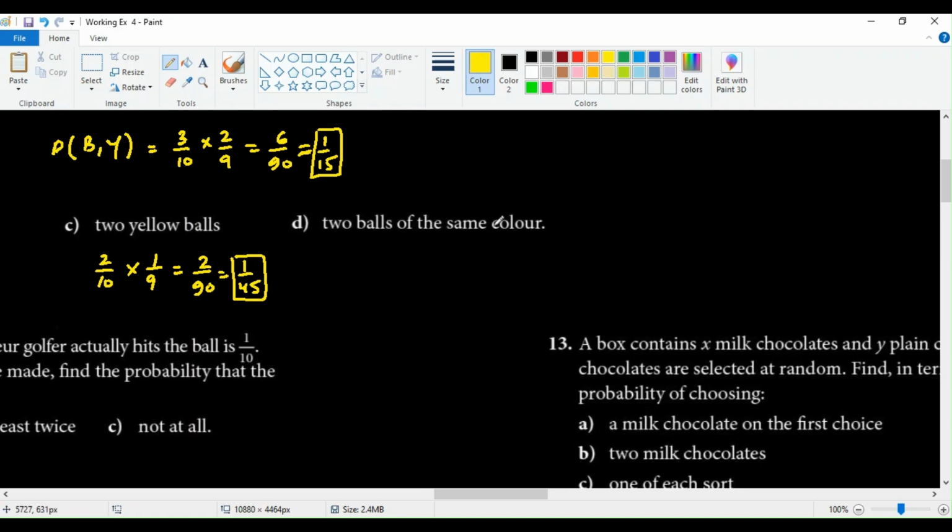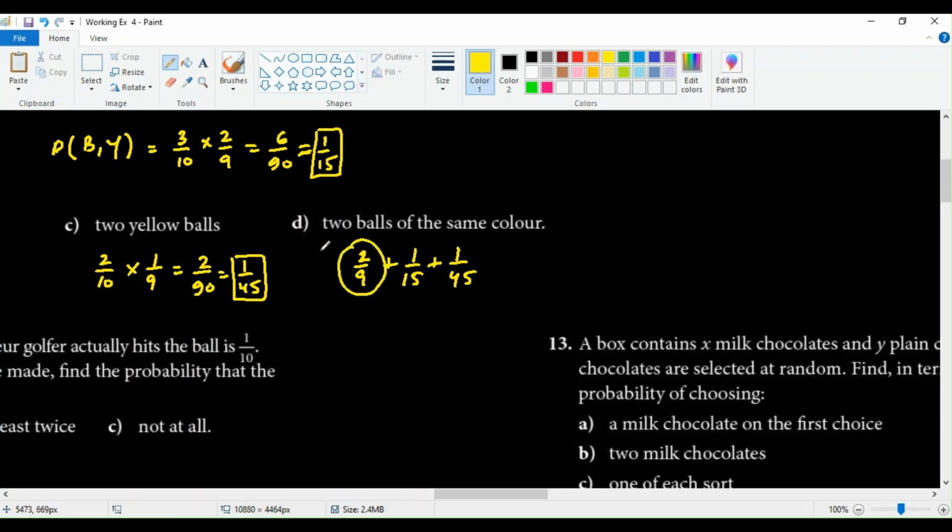So two balls of the same color, so we need to add the probabilities. Over here we have 2 over 9 as the first possibility, then 1 over 15 as the second probability, and then 1 over 45, which is the third probability. When we add them together, so what happened? How did we get 2 over 9?